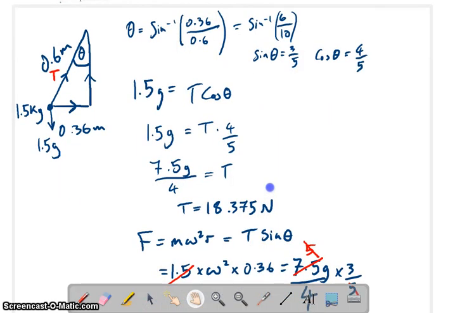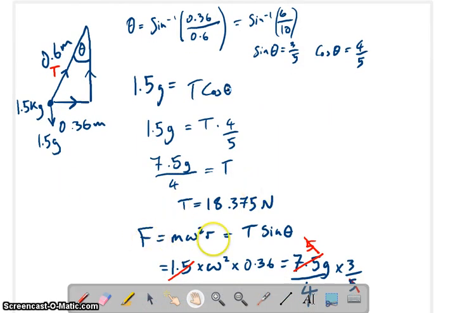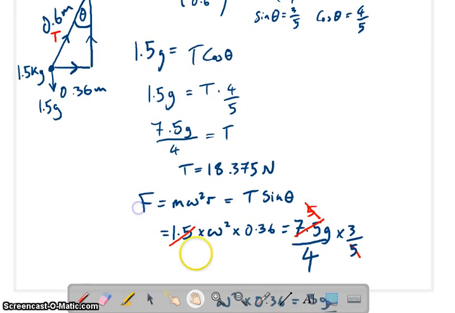Now, when we look at the centripetal force, we can set the centripetal force equal to the inward component of tension, which is T sin theta, and when we do that, we have 1.5 times omega squared times 0.36 is equal to 7.5 g divided by 4 times 3 over 5.